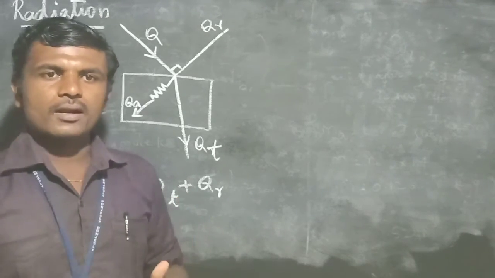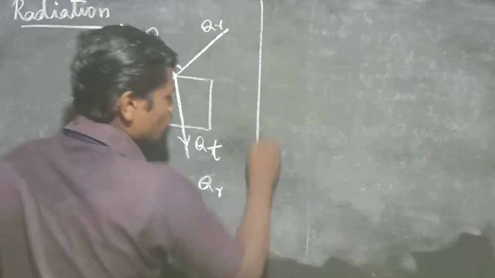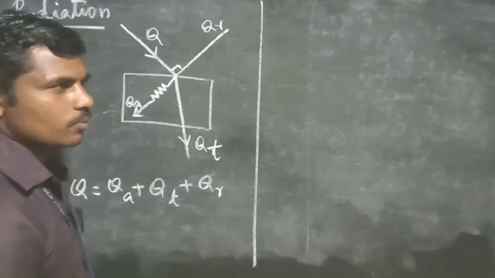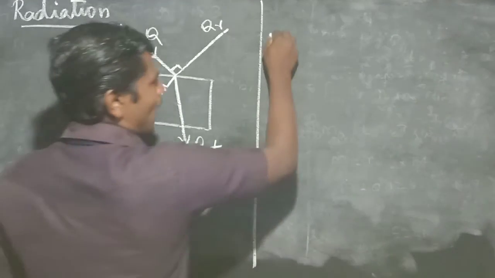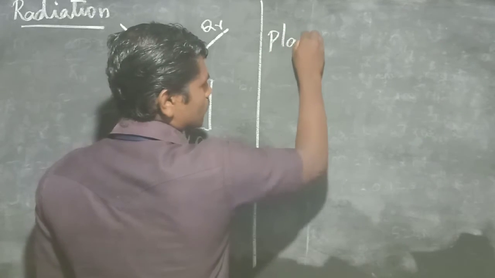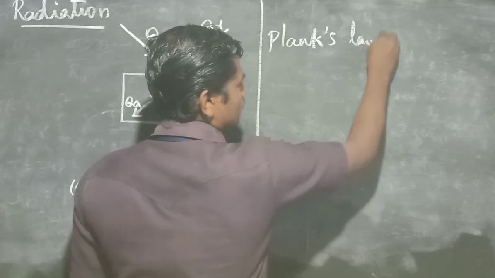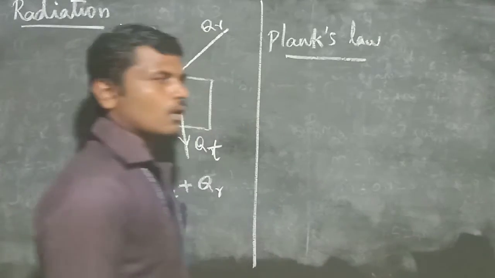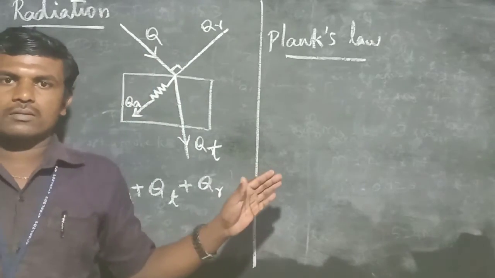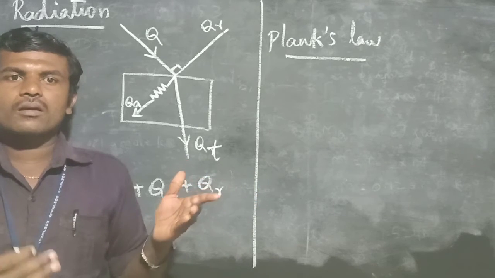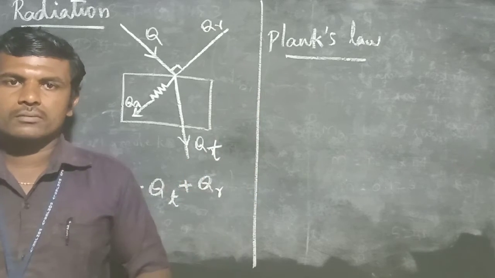How can we measure radiation? With the help of different laws. What are the laws we will use here? First one, Planck's law. With the help of Planck's law, we can find the emissive power.